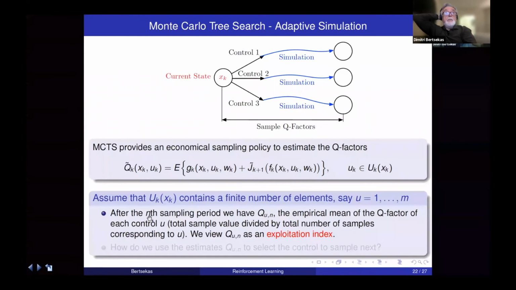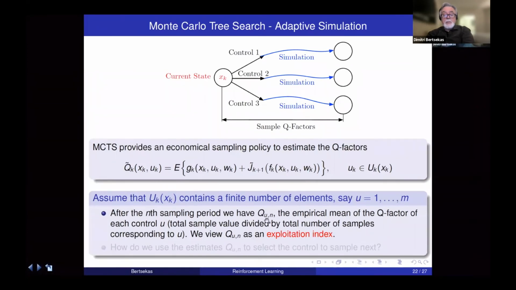So suppose that after the nth sampling period, we have Q_U^n, which is the empirical mean of the Q factor of control U. Now, what does that mean? This means total sample value divided by total number of samples.